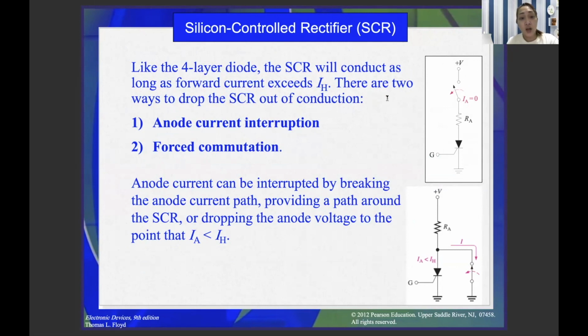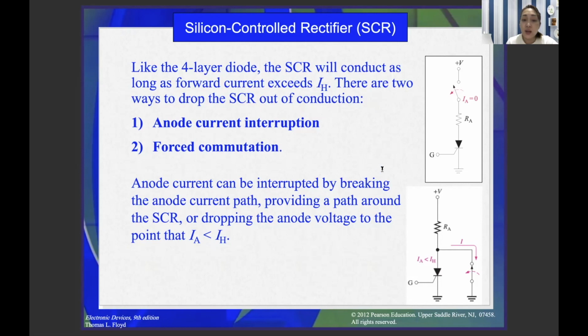There are two ways to drop the SCR out of conduction, and that is by anode current interruption or force commutation. The anode current can be interrupted by breaking the anode current path, providing a path around the SCR, or dropping the anode voltage to a point that IA is less than IH.